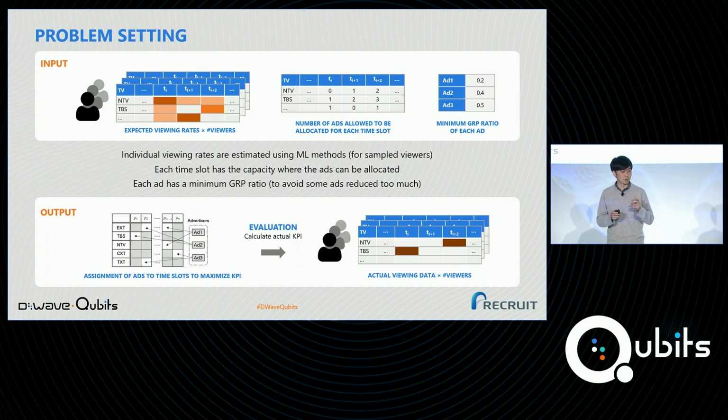And as an output, we determine the assignment of the advertising to each time slot. And finally, we evaluate the result of the optimization using the actual view data, which is collected from the device located at the viewer's TV.